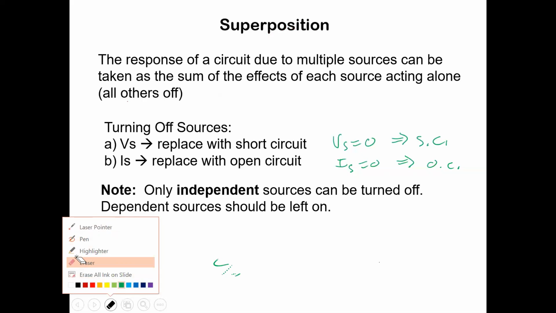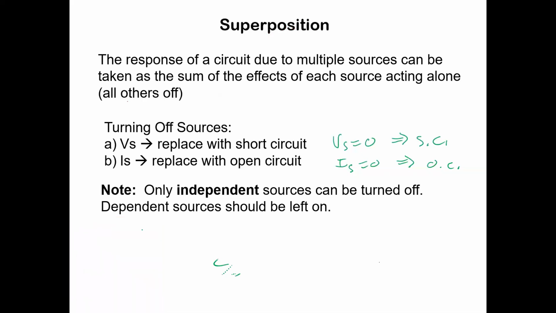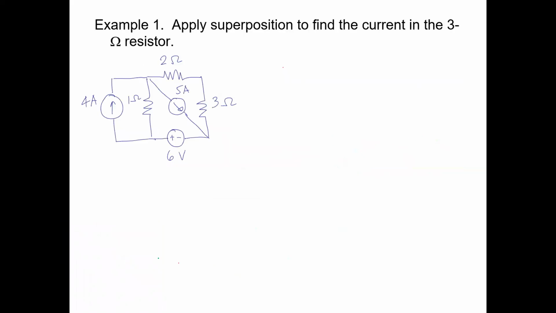So it really is context. Basically, you have to look at the problem. We're going to do just a simple one without dependent sources, and then we are going to do example 2, which is going to show one with a dependent source in it. You can kind of see how that works.